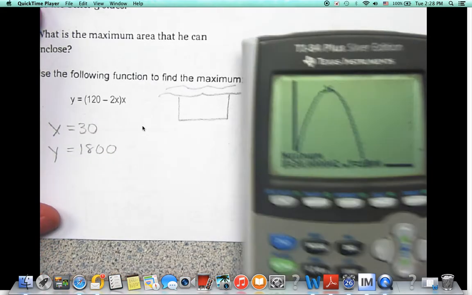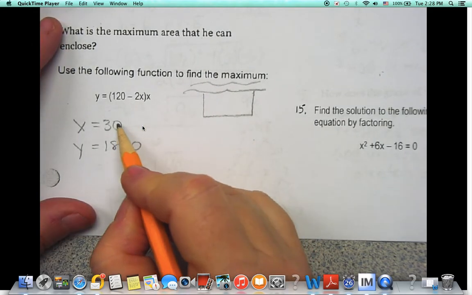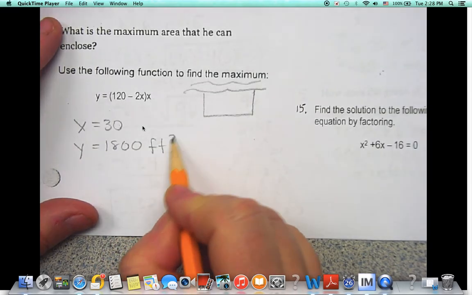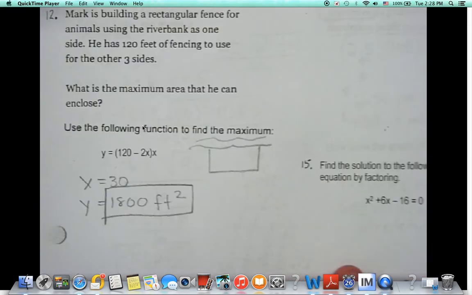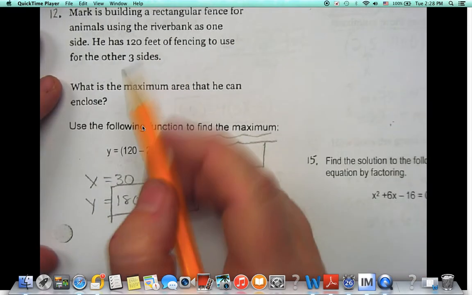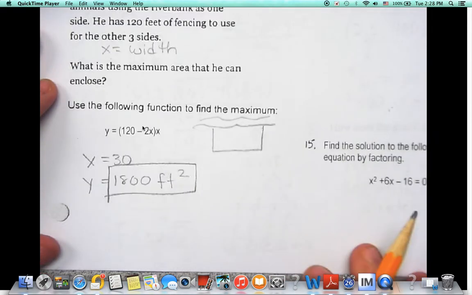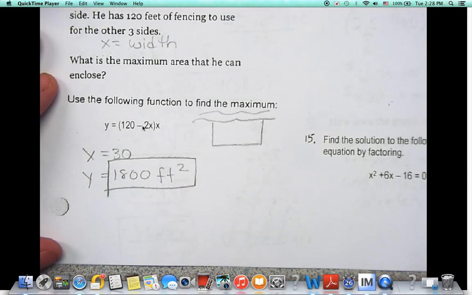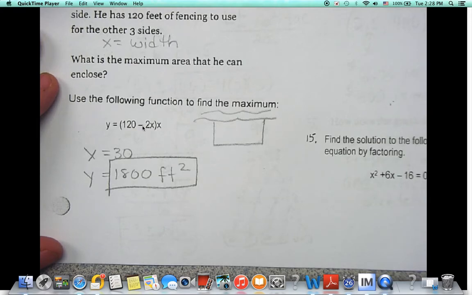So which one's the maximum area? 30 is the x, that part, and this would be the area, 1,800 square feet. How do you know? It should say up here, and it does, that x equals the width, and y would equal your area. It's always this way. X is always your width, y is always your area when you're maximizing areas.